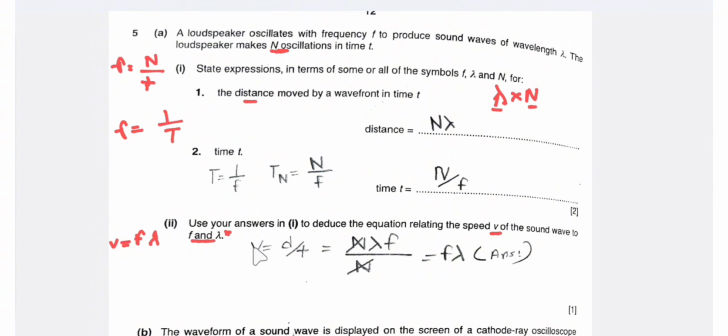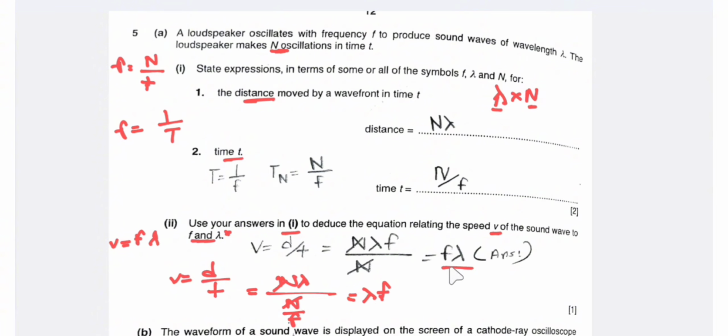Now we know the equation, velocity is equal to distance by time, and we must use our answers from A1. We know the distance and we know the time. So the distance is n lambda, and the time is n by f.